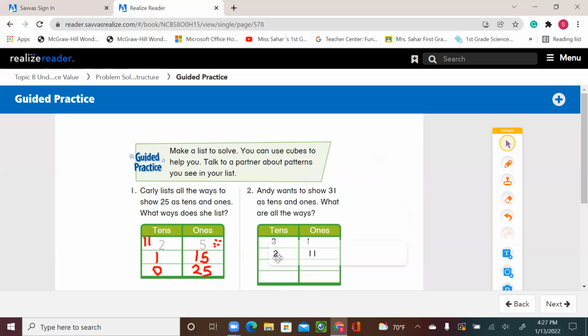And I can take 1 ten from the 2 and I add it to the ones. So my tens would be 1 ten. I have here 1 ten and 1 one. I'm adding one more 10. I'm going to be 2 tens and my 1 remain the same.